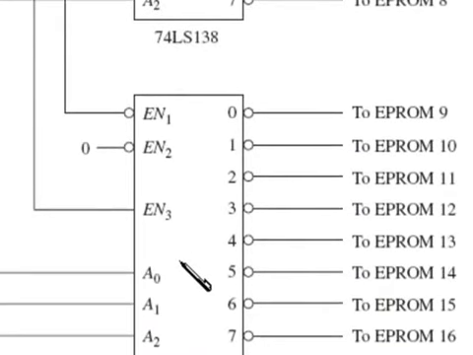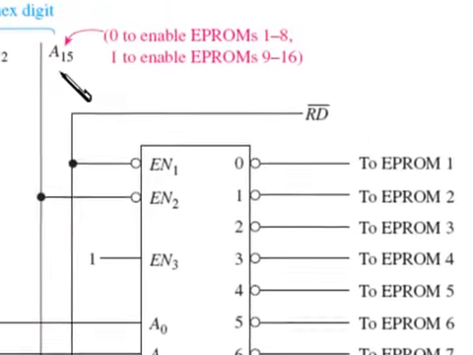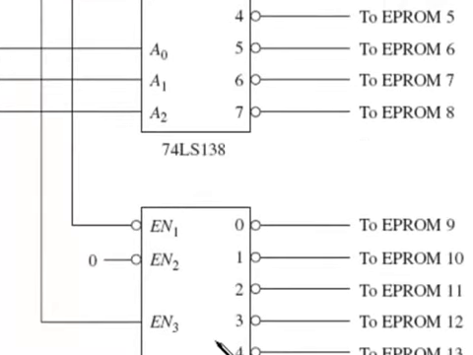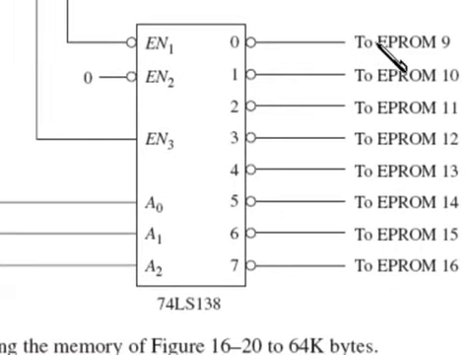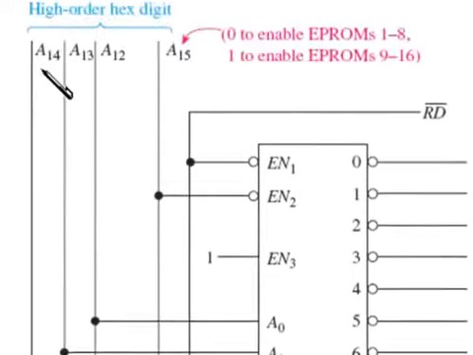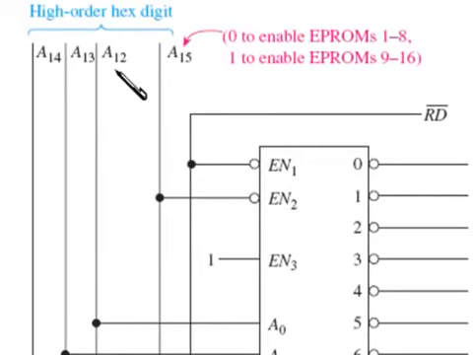So now when A15 is high, we'll actually be accessing this decoder, and then EEPROMs 9 through 16 will be activated based on the inputs to the A0, 1, and 2, which came from address lines 12, 13, and 14.